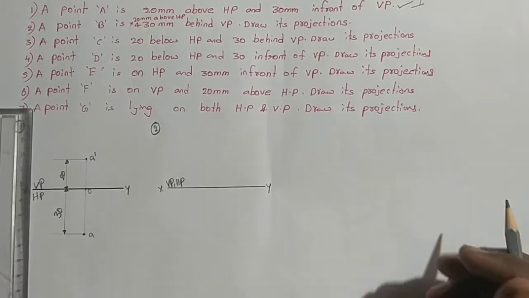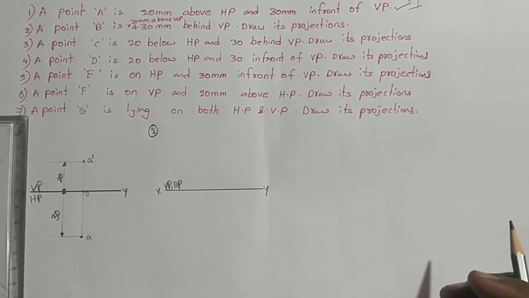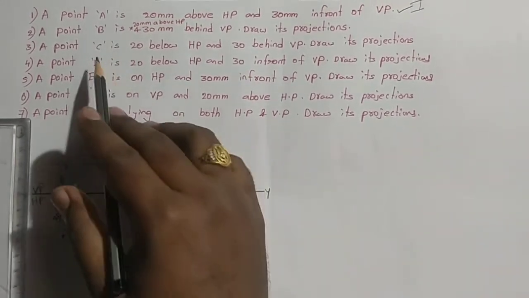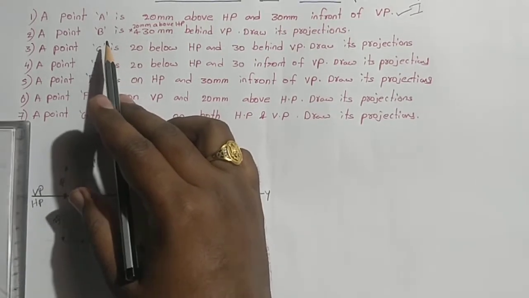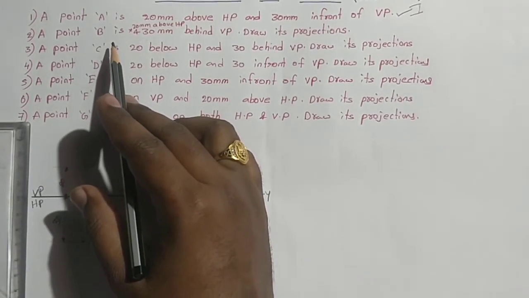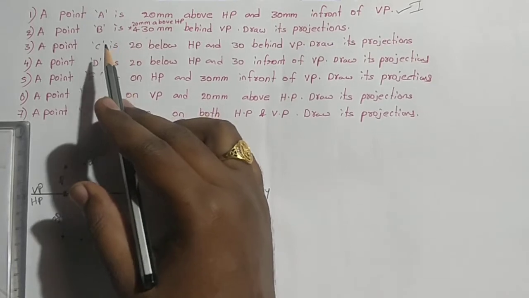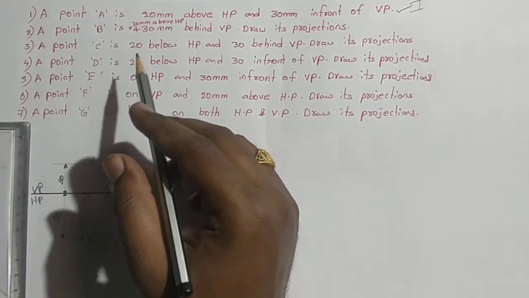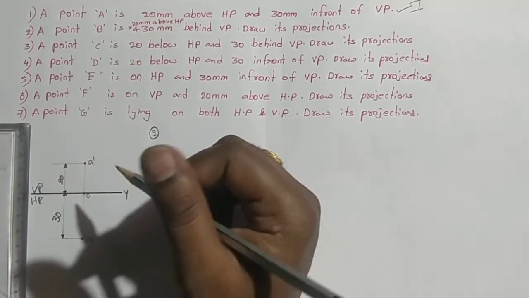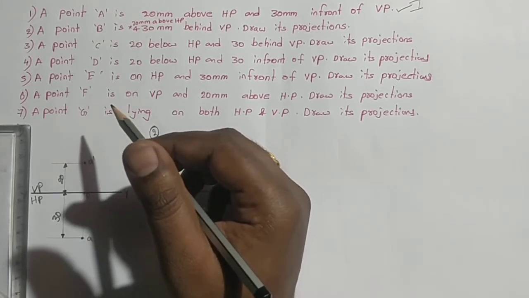Front view and top view both are located above XY. First we need to draw above or below. Above and below data is regarding the front view, in front and behind data is regarding the top view.